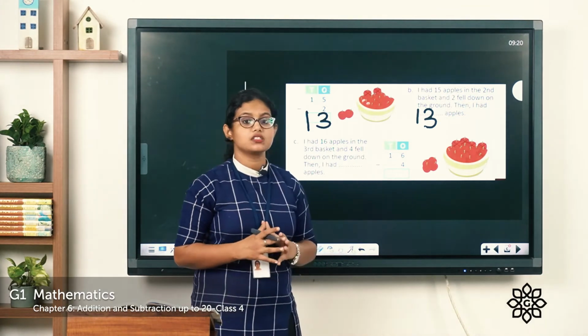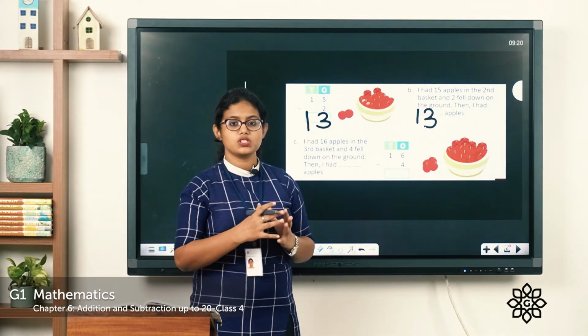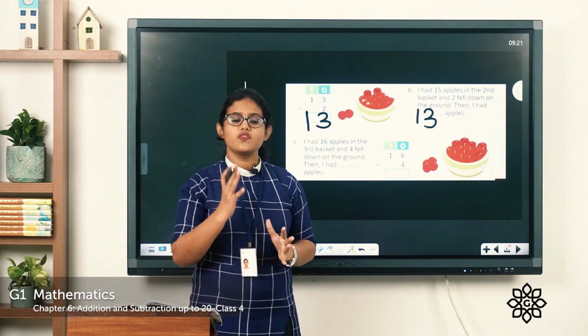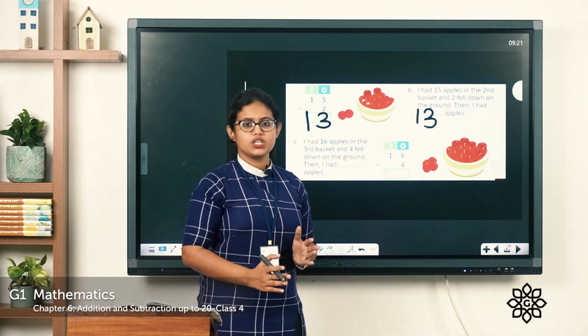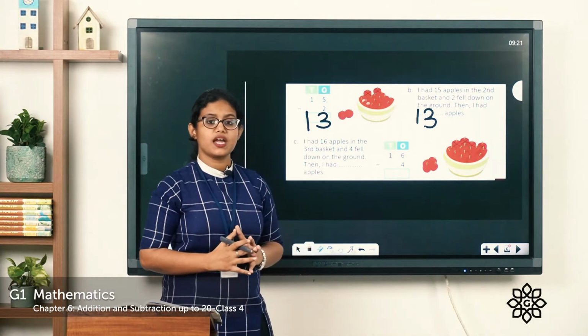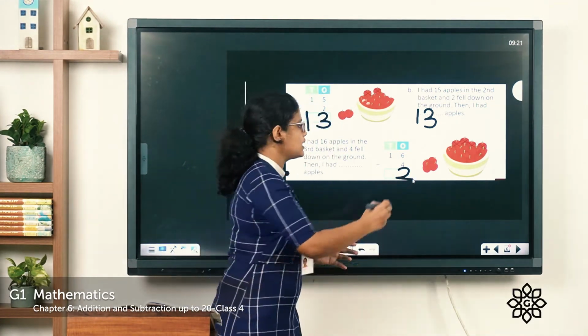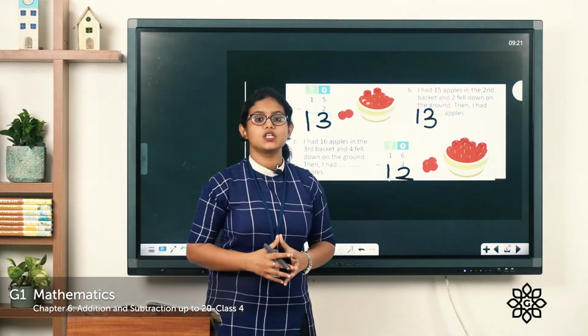First, let's subtract the ones place. 6 minus 4. So what is 6 minus 4? You can do backward counting. You can move 4 steps backwards. So 5, 4, 3, 2. So what is 6 minus 4? 6 minus 4 equals 2. And you can take this 1 and write next to 2. Then it becomes 12.